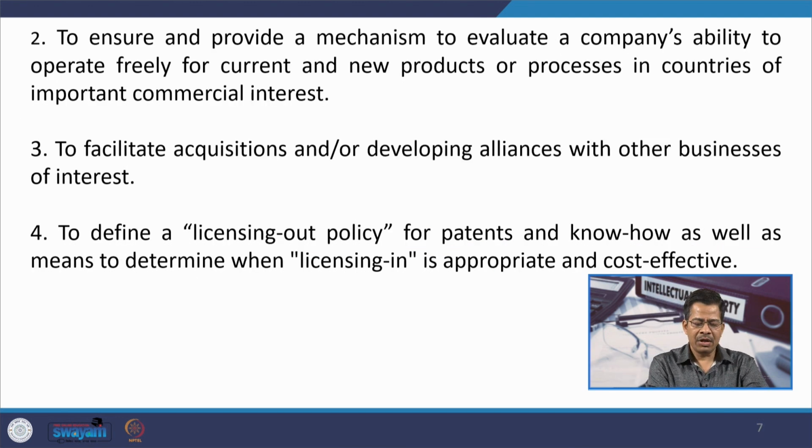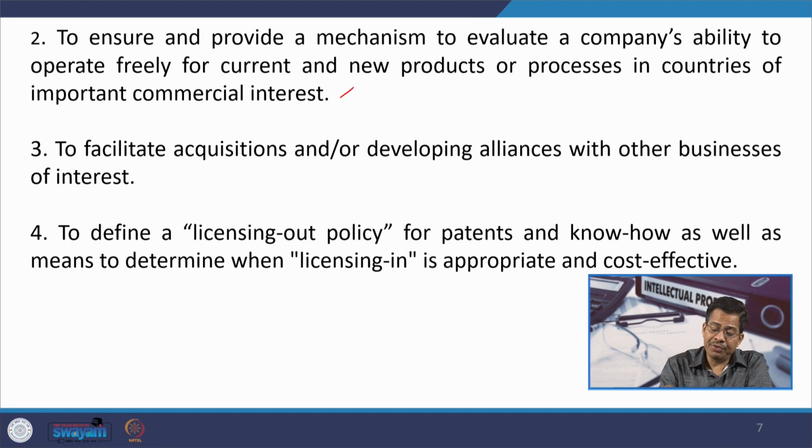Then, to ensure and provide a mechanism to evaluate the company's ability to operate freely for current and new products or processes in countries of important commercial interest. The meaning is that what type of mechanism are available, so that can my company freely operate in those countries or not.